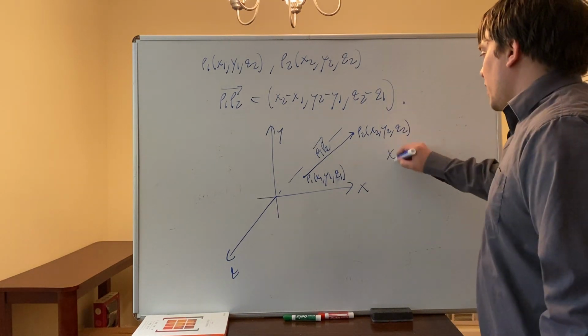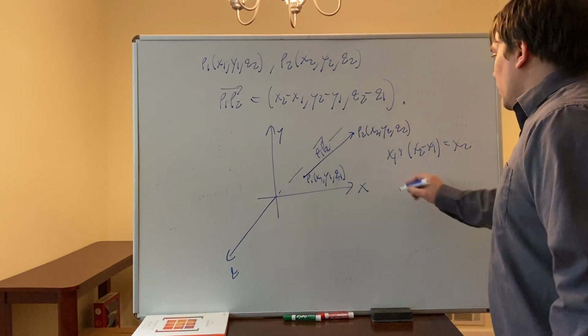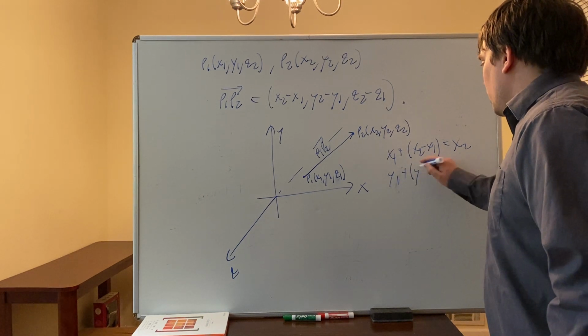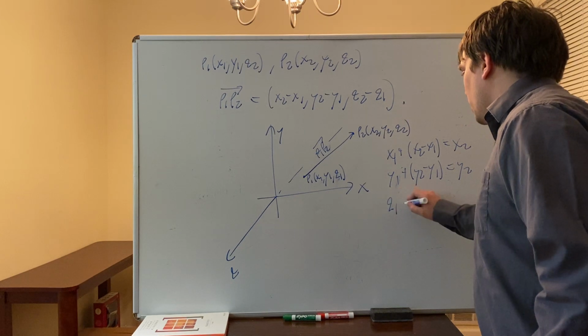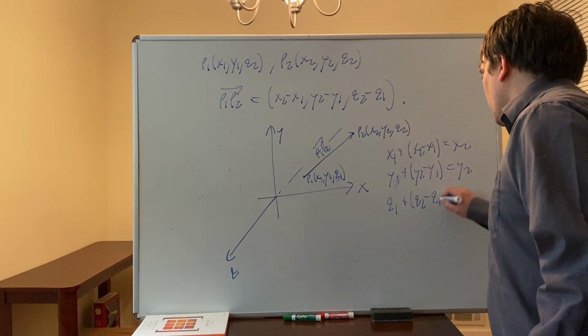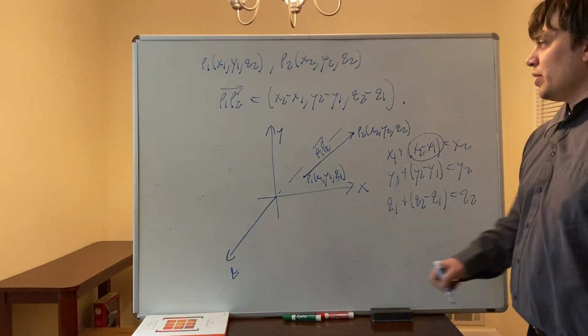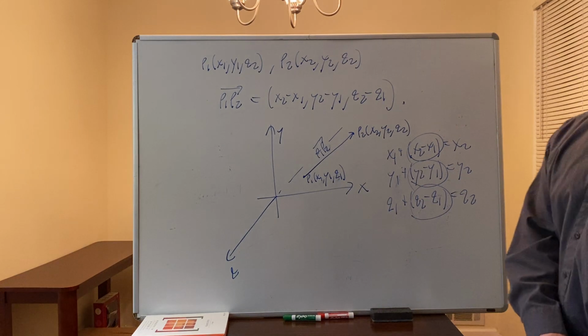Okay, so to start at x1, we have to add x2 minus x1 to get x2. If you start at y1, we have to add y2 minus y1 to get y2. And if we start at z1, we have to add z2 minus z1 to get z2. So this is the first component of P1, P2. This is the second component, and that's the third component.